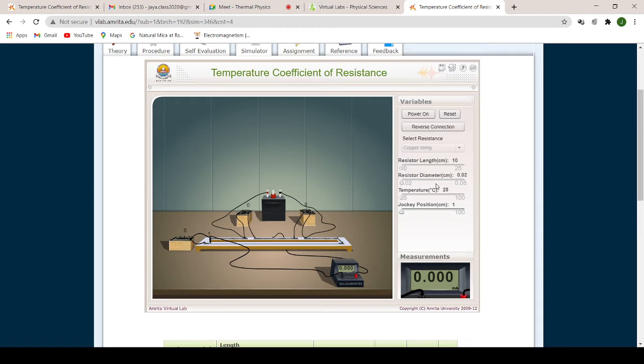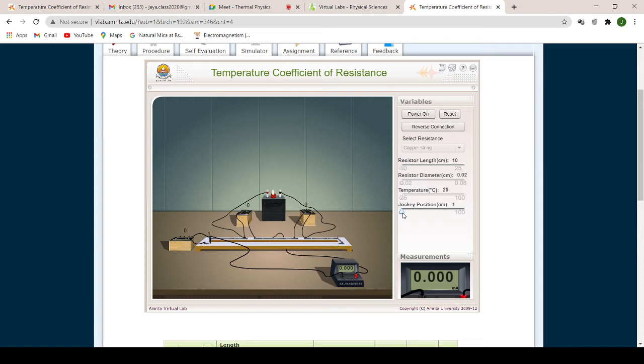Resistor length, resistor diameter, it is not highlighted, and even the temperature is not highlighted. So you can't use these sliders over here, right? You can't select the resistance, neither can you use these sliders over here, but you can adjust the jockey. So if I put the cursor on top of the jockey position, it is getting highlighted. It indicates that you can still use the jockey.